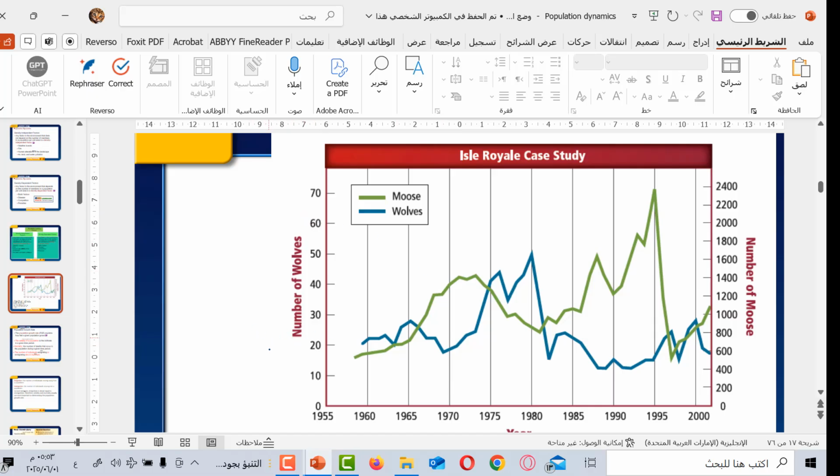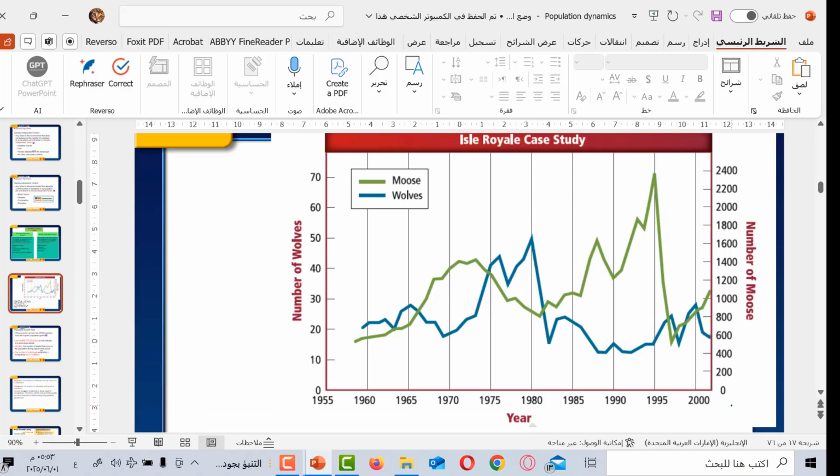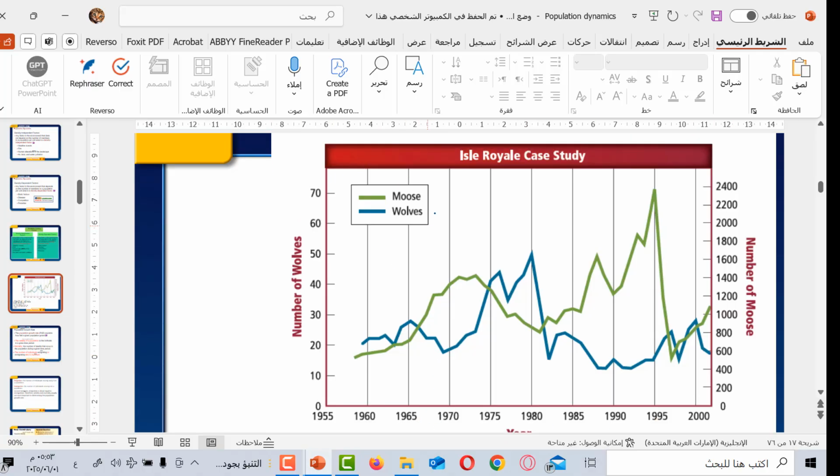Okay, and here these are years, and there is a key here: the green line for moles and the yellow line for wolves. Okay. This relationship is, everyone depends on the other one. Okay.